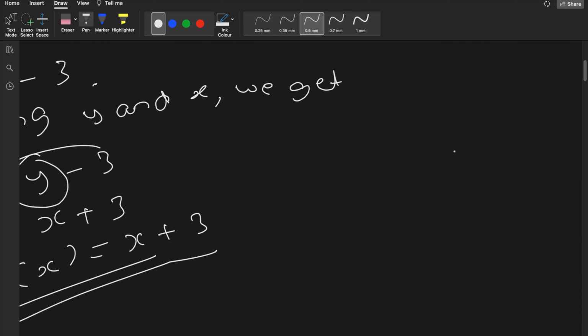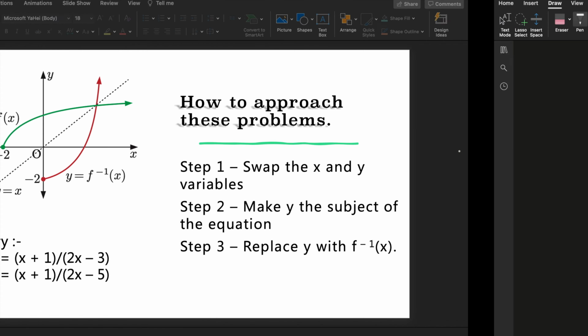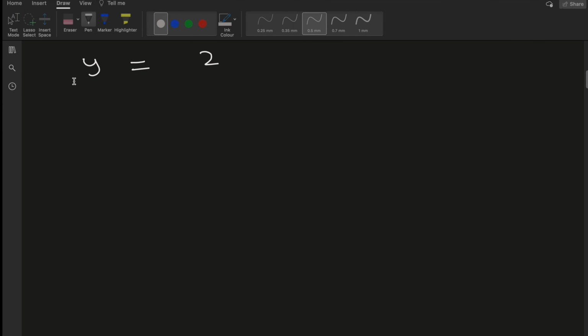I'll just solve the other one also. The other one is very similar. I thought of not solving it, but then I'll have to give the answer, so I'll have to work it out. x plus 1 divided by 2x minus 5. Oh, I forgot to swap the variables.